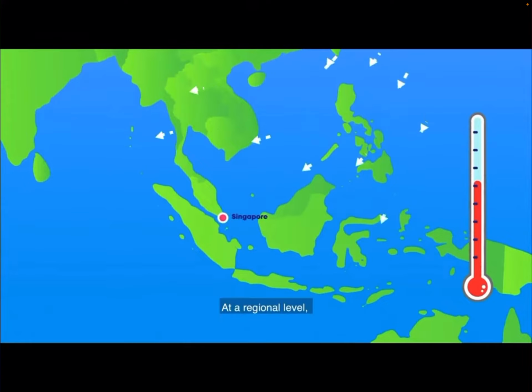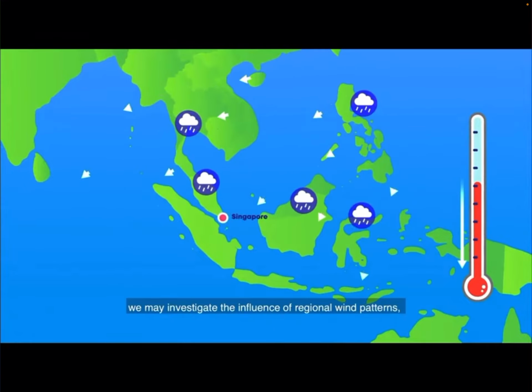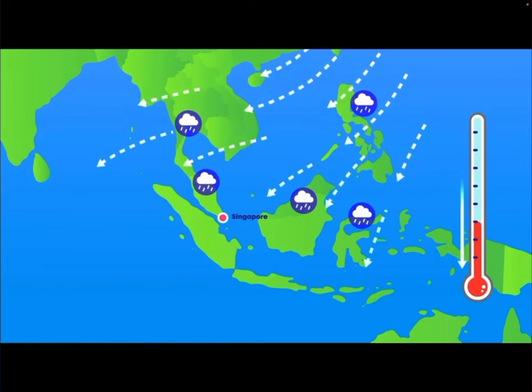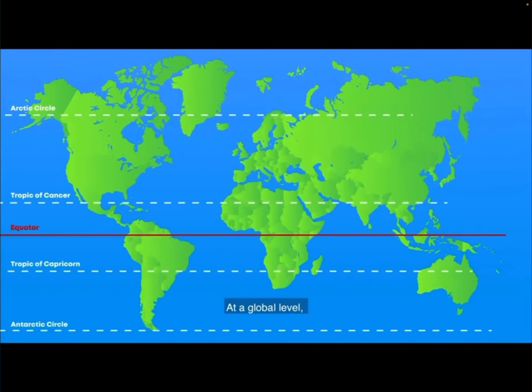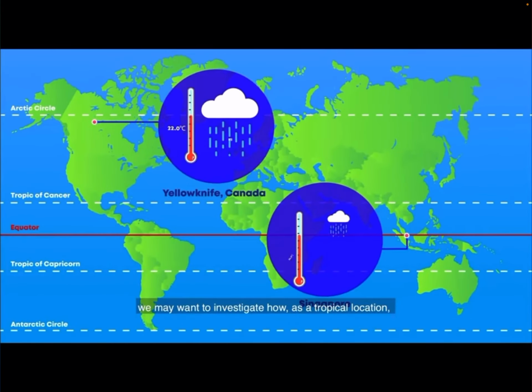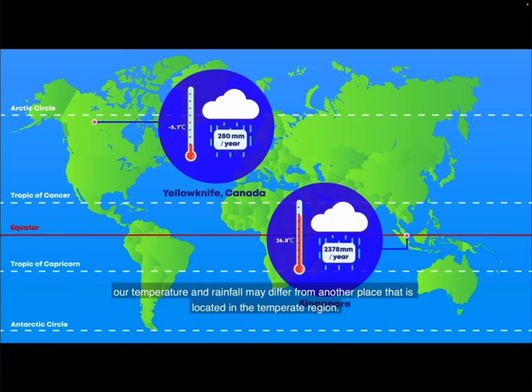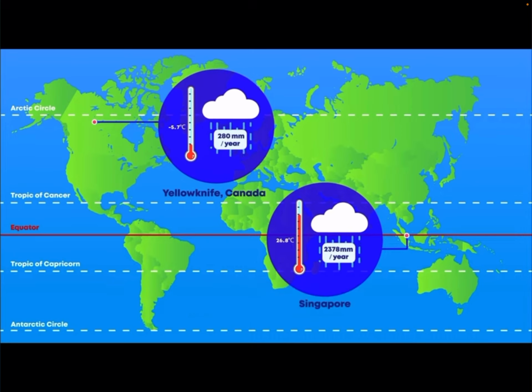At a regional level, we may investigate the influence of regional wind patterns, such as the monsoon, on our temperature and rainfall. At a global level, we may want to investigate how, as a tropical location, our temperature and rainfall may differ from another place that is located in the temperate region.